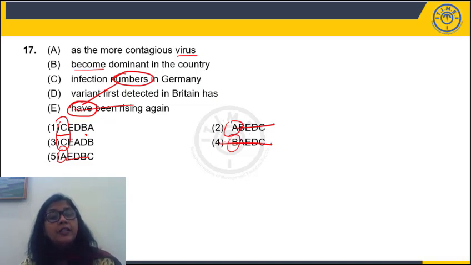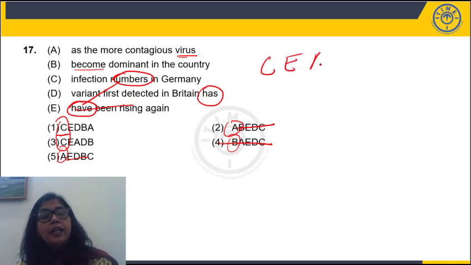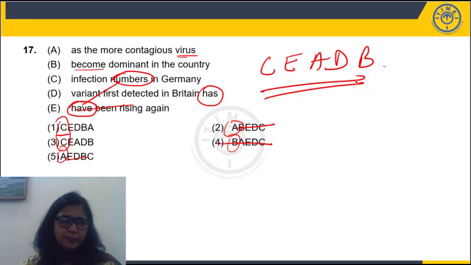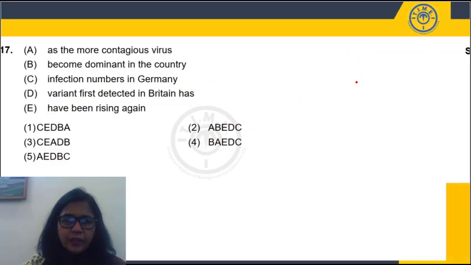So not CED but CEA: have begun rising again as the more contagious virus variant first detected in Britain has become dominant in the country. So correct option CEADB. Clear? Now we move on to the next part.